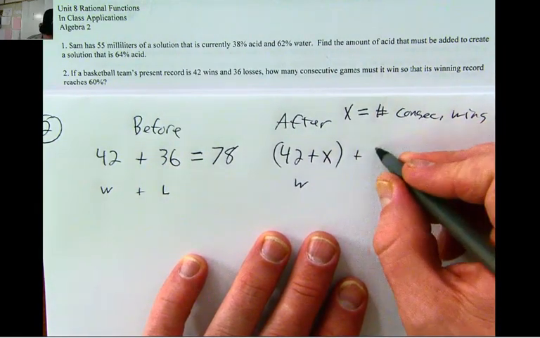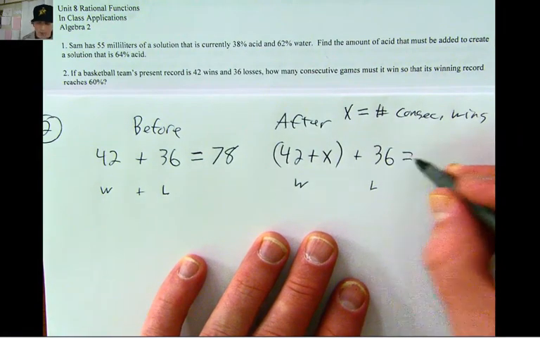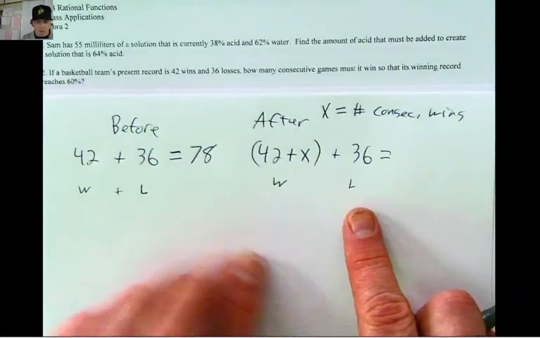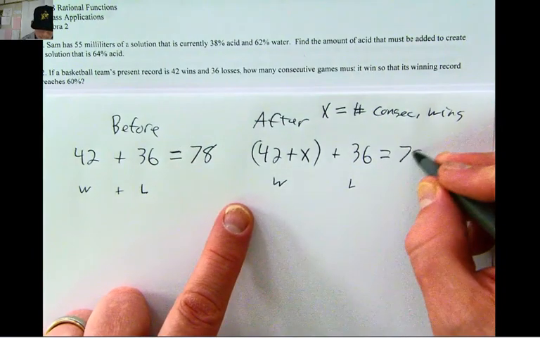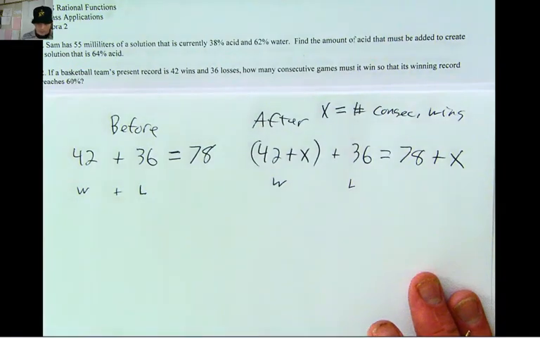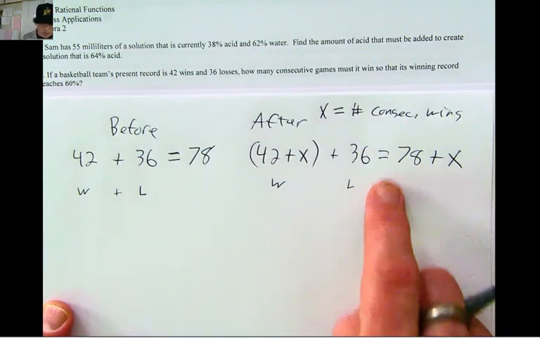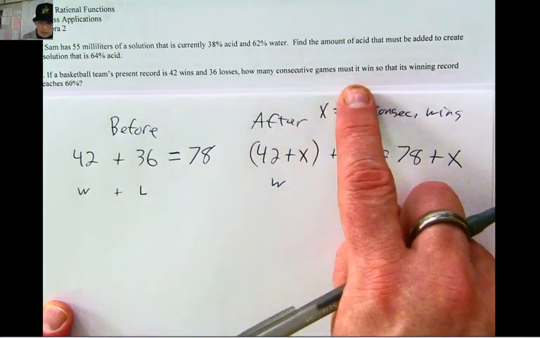Plus, if it's a winning streak, you'll stay at 36 losses. And then your total would be the 78 games that you had played plus the number of games that you began winning with. So we had a before situation and an after situation.